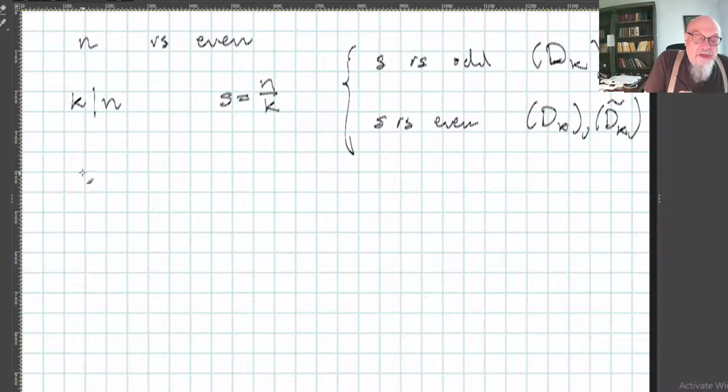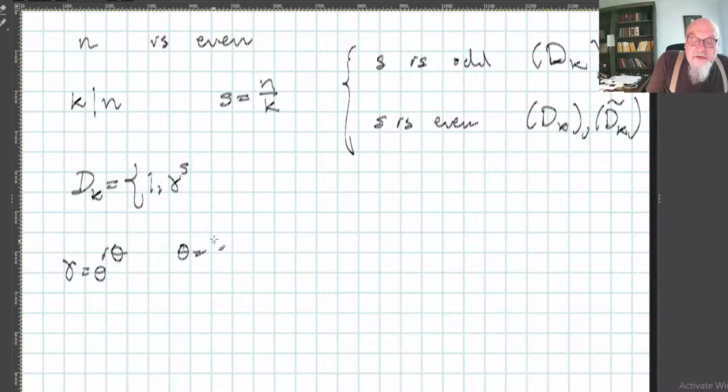So how it goes, so if you have, for example, this is dk, so what do I say, okay, I have here s is equal to that one, so this will take gamma to the power s. Remember, gamma is equal to e^(i theta). Theta is equal to 2 pi divided by n. So that s is also divisor, so this is gamma to s.